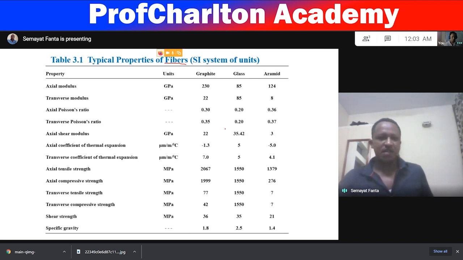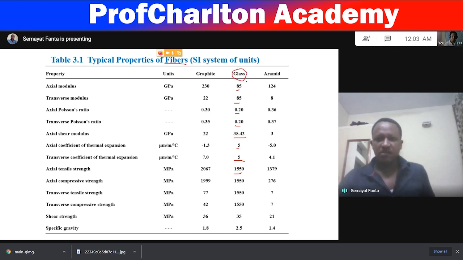Look, glass is this one. In 3.1, glass properties are these properties. Okay, this is glass property. So we can use these properties. Okay, so glass epoxy.